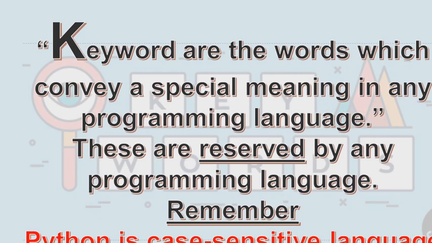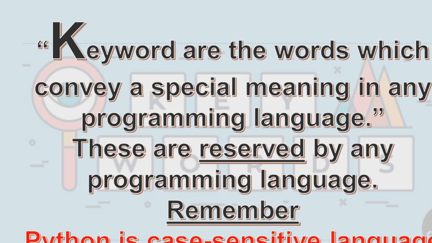Basically, keywords are the words which convey some special meaning to the programming language, and these words are reserved by the programming language for a specific purpose. We have to use these words for that purpose only. We cannot use these words for any other purpose, and these are case sensitive basically.